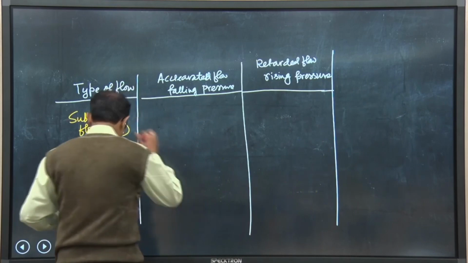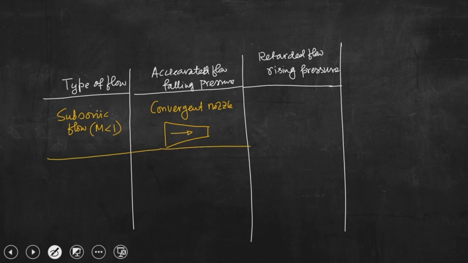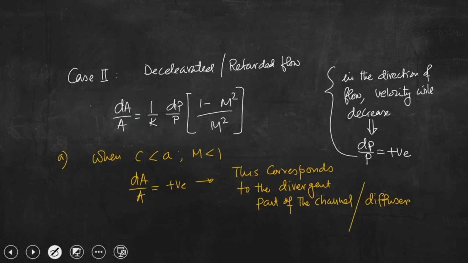So, let me write here. This is the convergent channel, or I am writing nozzle, right. So, this is the flow direction. And if the flow is subsonic, for the retarded flow rising pressure, we have seen here that it is the divergent part of the diffuser.